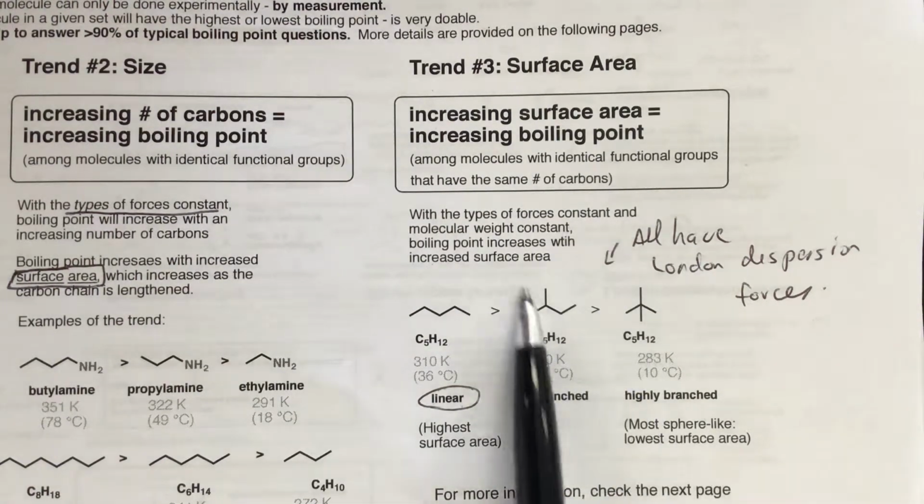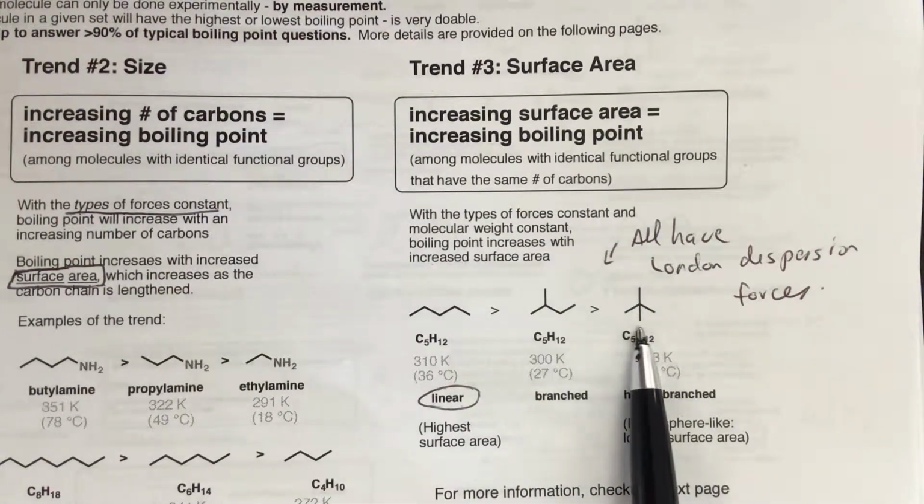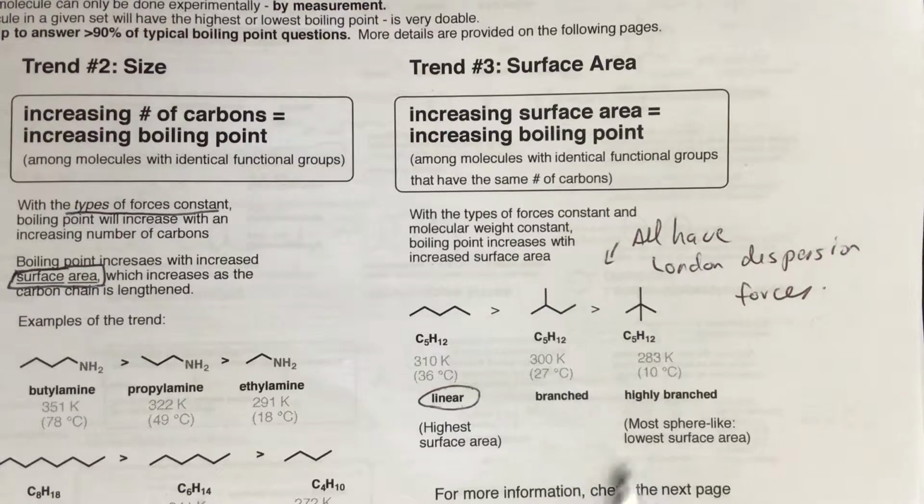Okay? But as it becomes more branched and more spherical in a way, then the boiling point decreases. So, first trend, most important one to consider, intermolecular forces. Second one, length of the molecule. Third one, surface area.